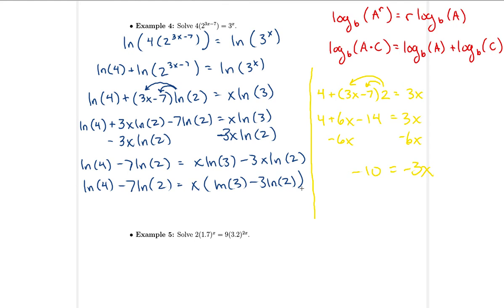And as bad as this looks right now, don't forget that this is a number. This is a number. So if you have a number equals x times a number, just like I do here, we know over here we just divide by negative 3, right? So now we're just going to divide by what's next to the x. So divide by the natural log of 3 minus 3 natural log 2.